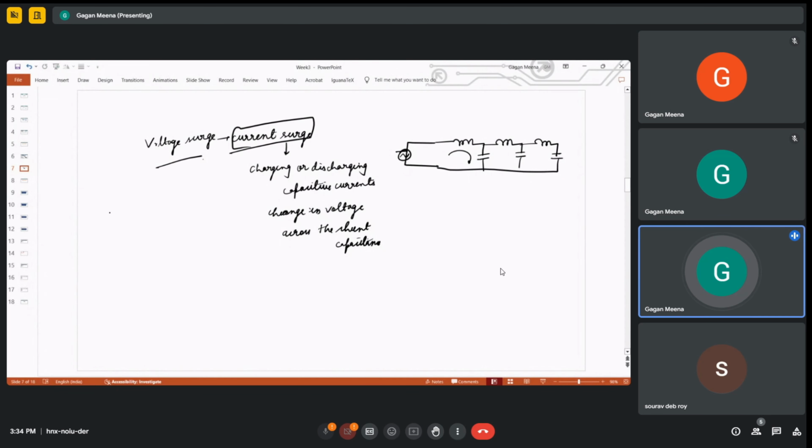So if there is a change in voltage across one capacitance, the surge voltage can be created because of a lightning strike, which is the most common, then because of switching or faults.